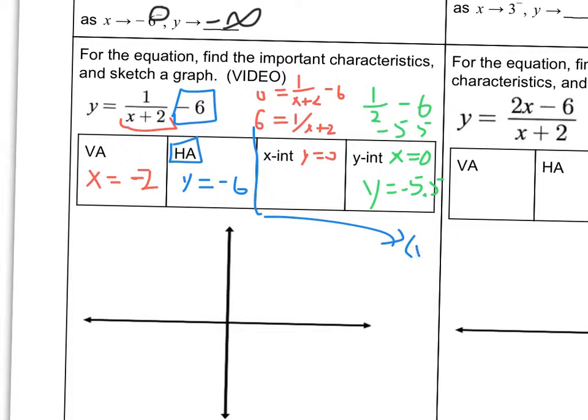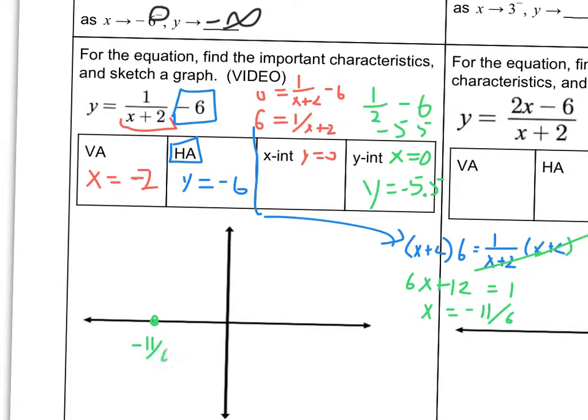So that would be x plus 2 times 6 is equal to 1 over x plus 2 times x plus 2. My x plus 2's on the right cancel. And on the left, we get 6x plus 12 is equal to 1.